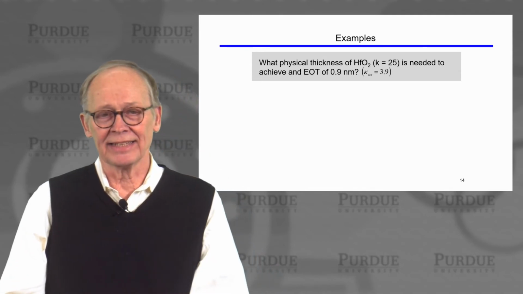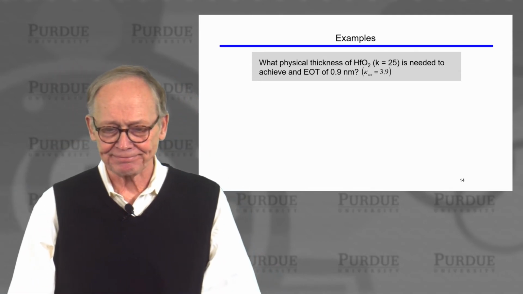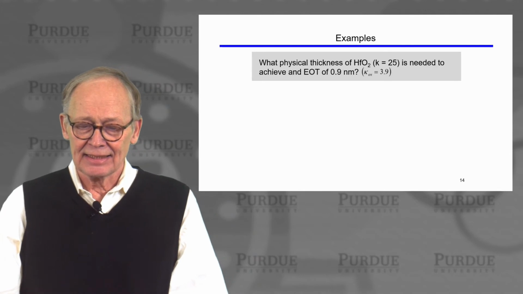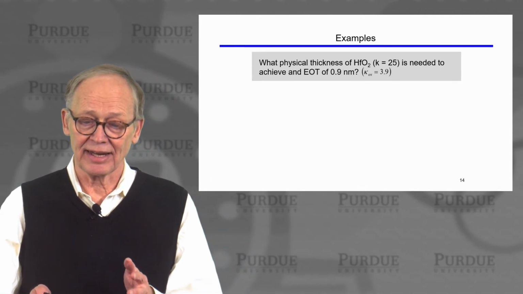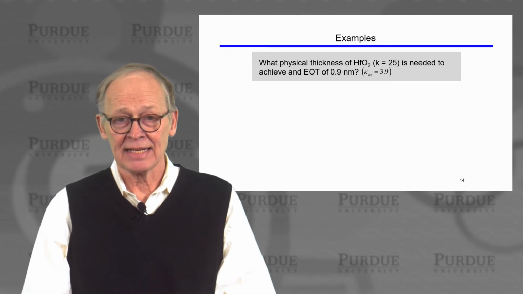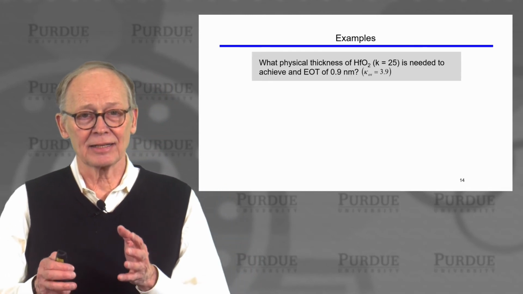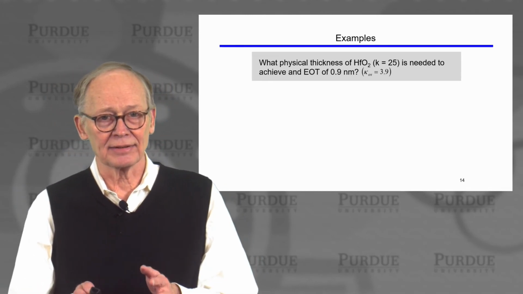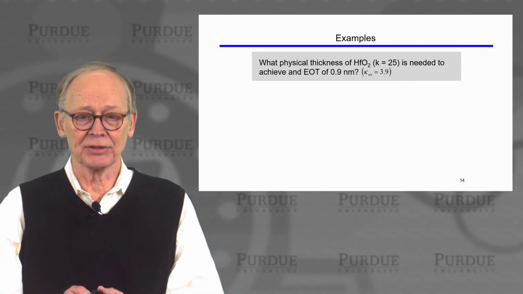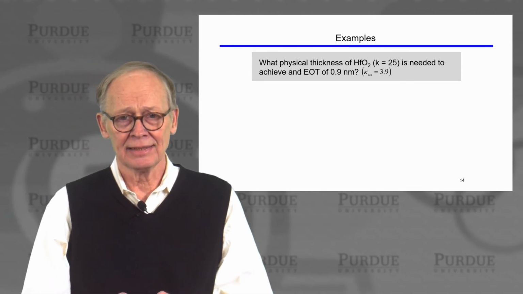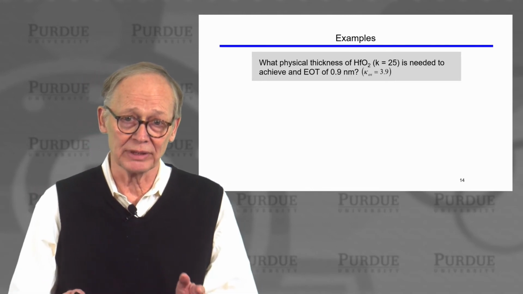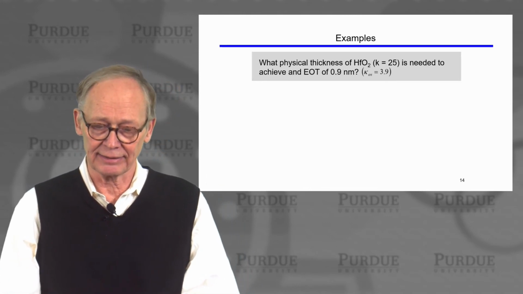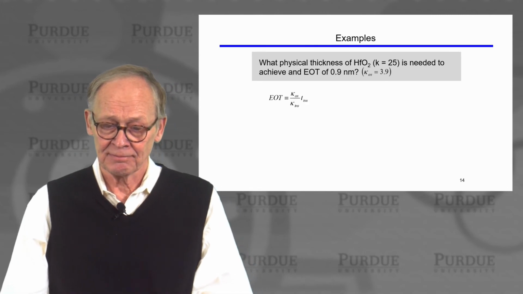All right, two quick examples to show you how this works out. Let's say we have a layer of hafnium dioxide, which has a high dielectric constant. And we would like to achieve a capacitance that we could get with 0.9 nanometers of silicon dioxide. But we can't use 0.9 nanometers of silicon dioxide because it would be too leaky. Electrons would quantum mechanically tunnel through it.